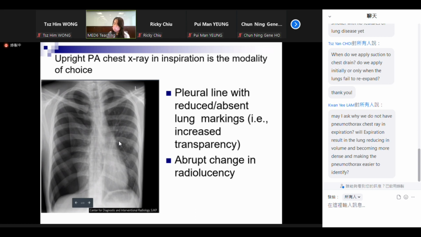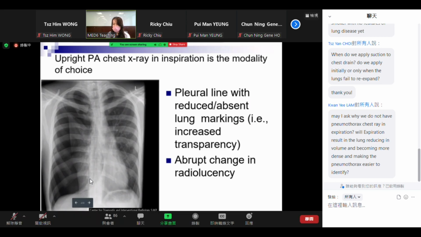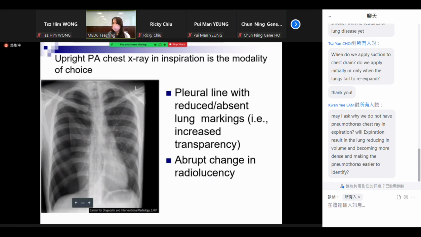This is one of the maneuvers that can be used if you suspect pneumothorax but it's not very clear in the PA inspiratory film. You can ask for an expiratory film. Sometimes it's more prominent in the expiratory film.